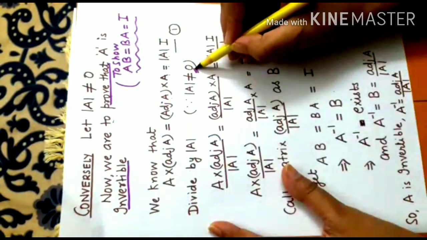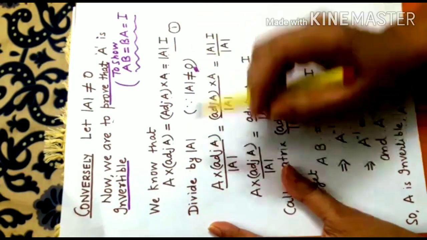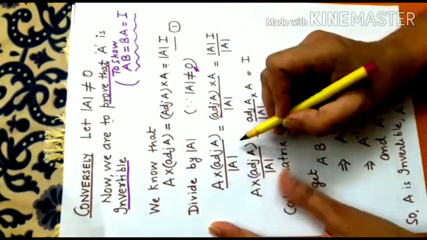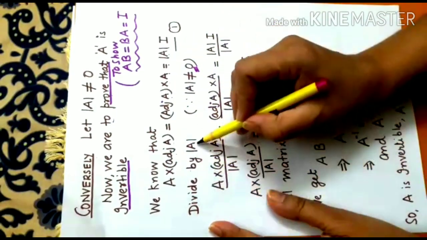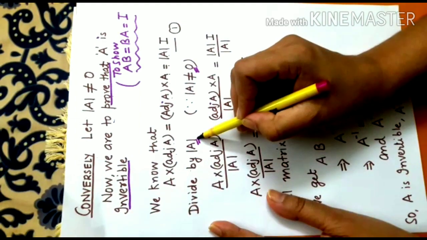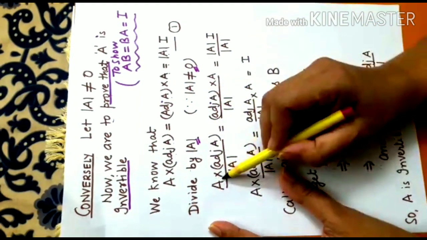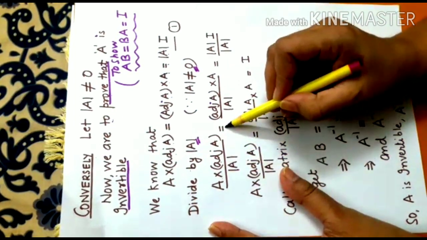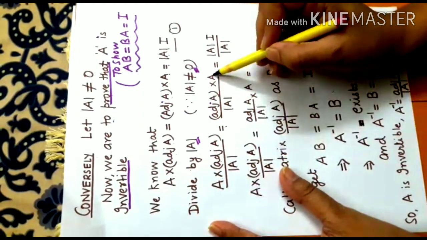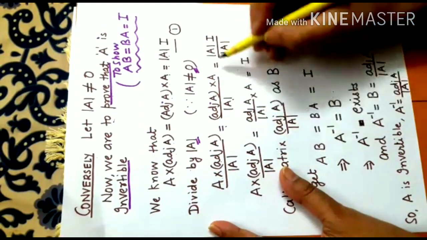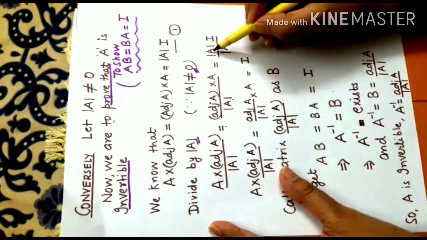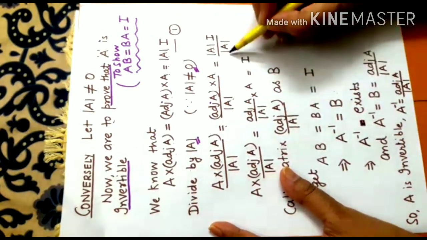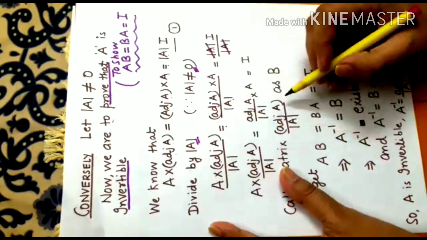Now as determinant A is not equal to 0, I can divide these by determinant A. So on division by this number, that is by determinant of A, I get A into adjoint A divided by determinant A equal to adjoint A into A divided by determinant A, which is equal to determinant A into I divided by determinant A. So here these two numbers can be cancelled out.